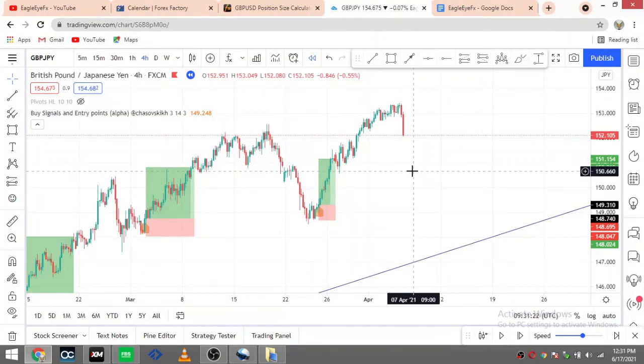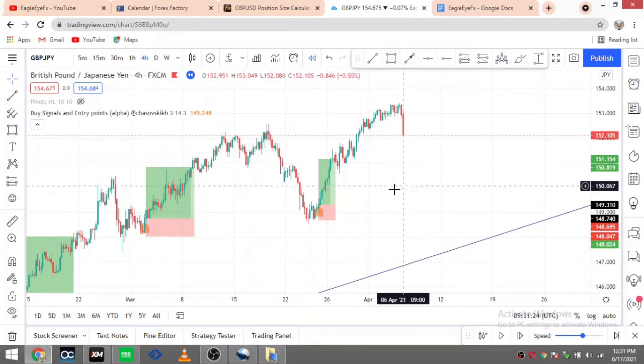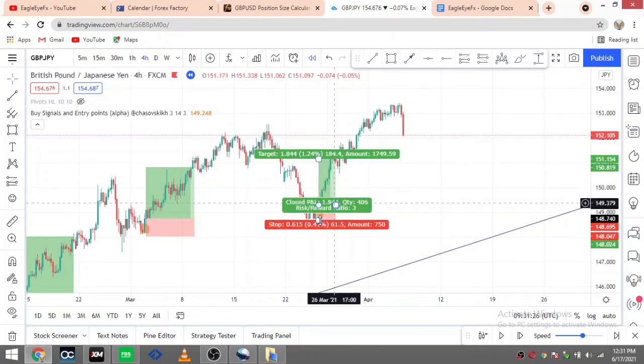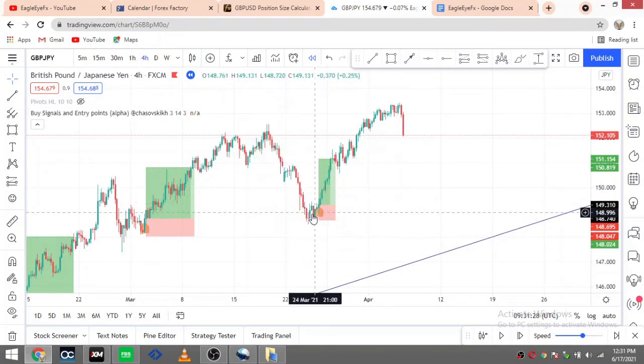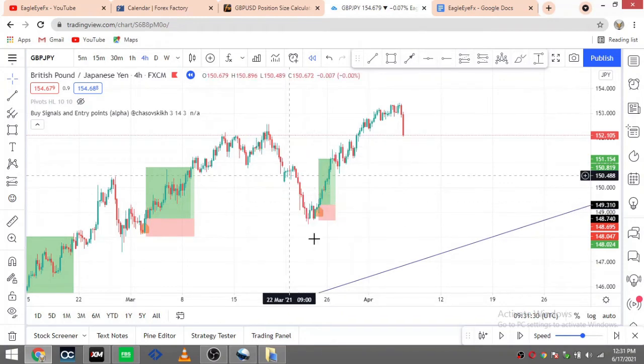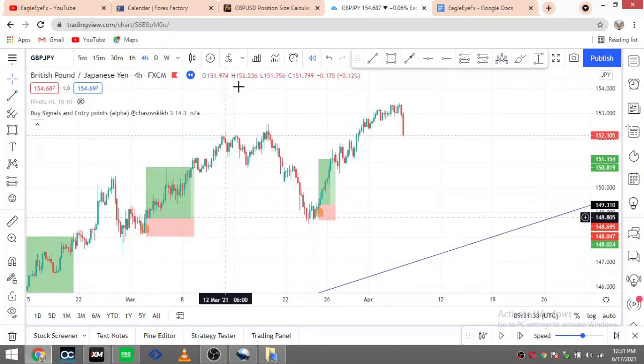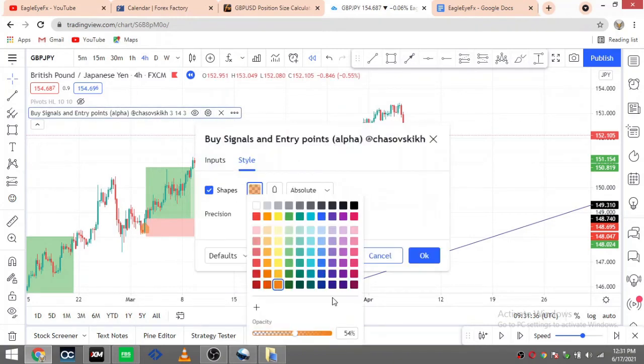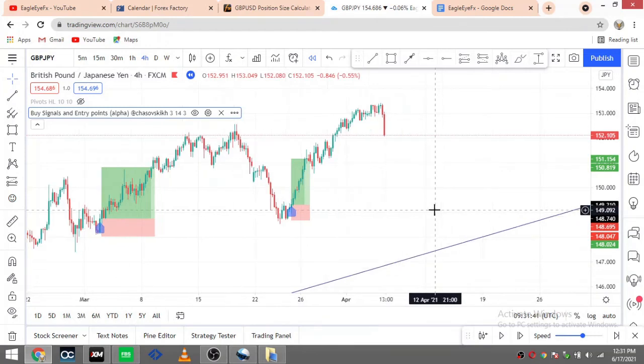So guys, we are done, and let's see how the results were. Anytime this thing popped up, we bought and we bought and we bought. Let me change the color here so that we can see it. Let's make this blue.